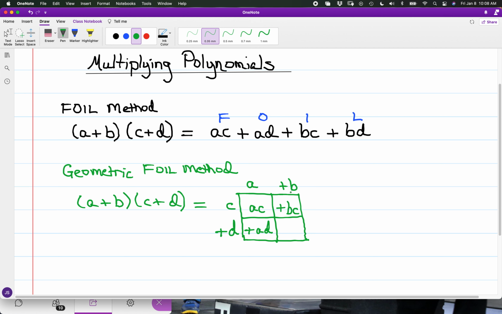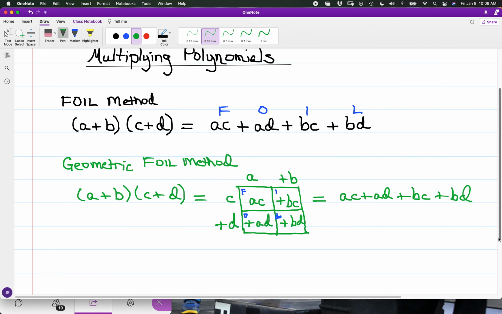And for the last square, we have positive b and positive d, so you have plus b times d. And so in the arrangement for the FOIL, you still come out to ac plus ad plus bc plus b times d. So either approach is viable.